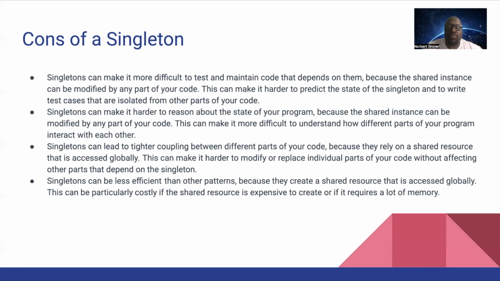This can make it harder to modify or replace individual parts of your code without affecting other parts that depend on the singleton. And singletons can be less efficient than other patterns because they create a shared resource that is accessed globally. This can be particularly costly if the shared resource is expensive to create and if it requires a lot of memory.